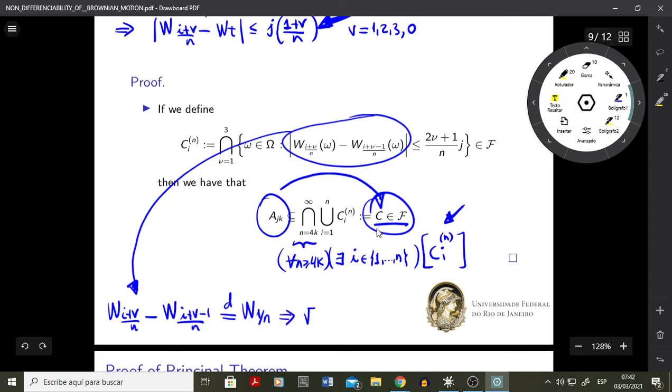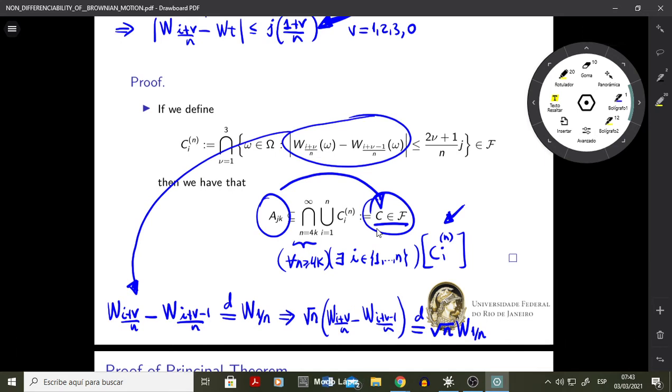If you multiply by this square root of n, this is equal in distribution to square root of n multiplied by w at 1 over n, and by the scaling property, this is a standard normal random variable, right?